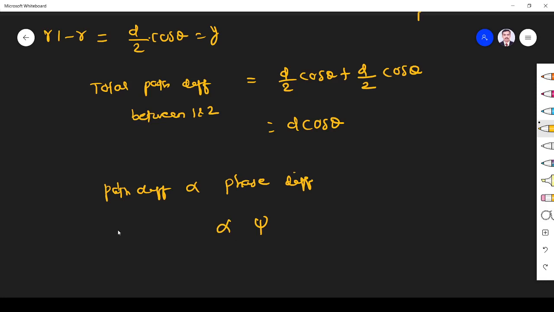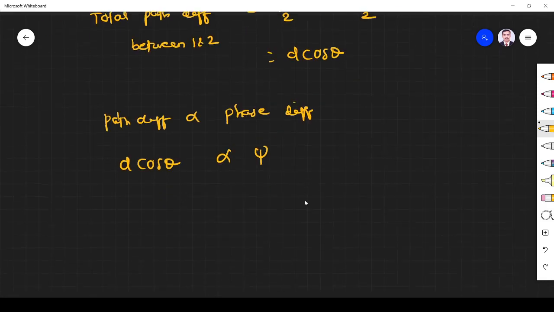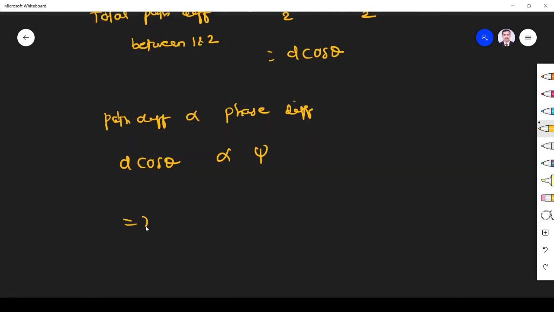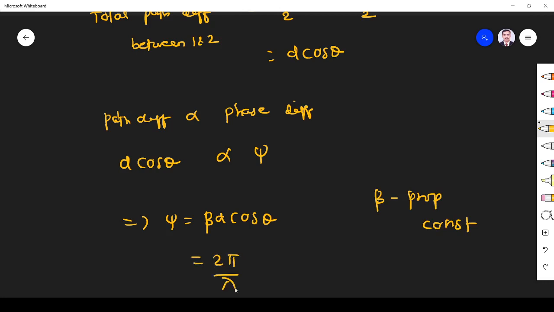Psi is directly proportional to d cos theta, right? So this indicates psi is equal to beta d cos theta, where beta is a proportionality constant. And we know beta is equal to 2 pi by lambda.